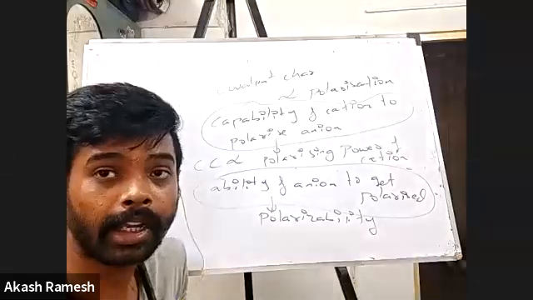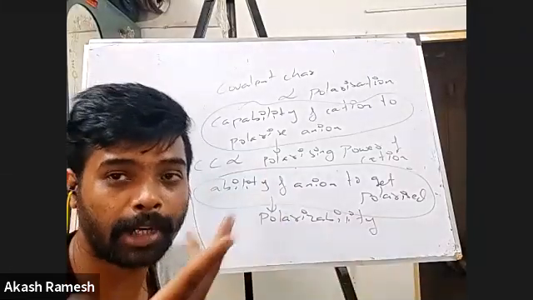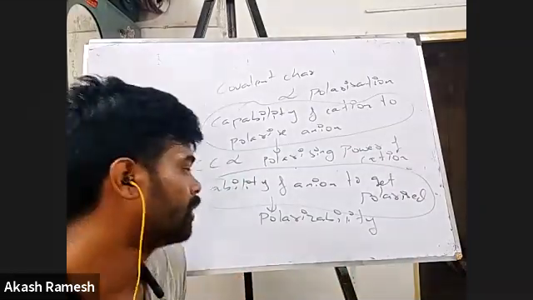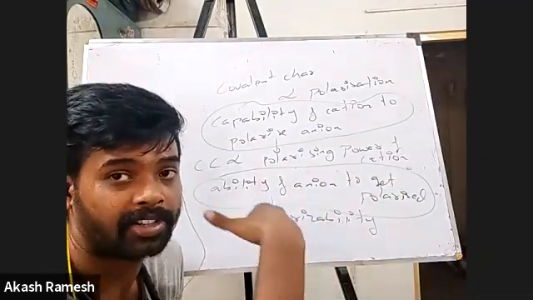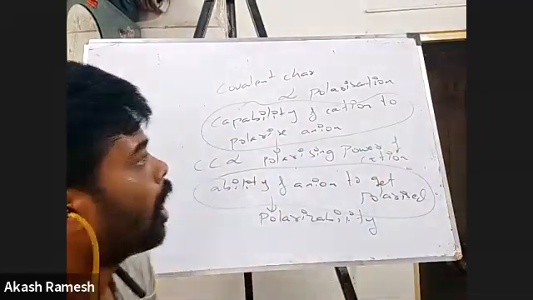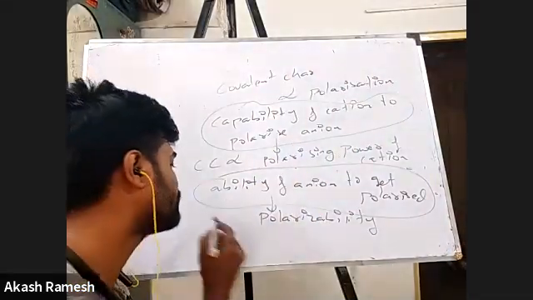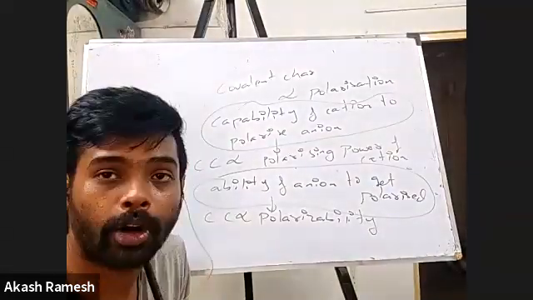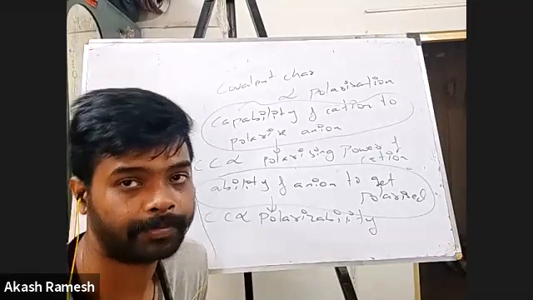What is polarizability? It is the ability of the anion to get polarized, that means the ability of the anion to get its electron cloud distorted. So obviously if the polarizability of the anion is higher, the amount of polarization happening is higher. So definitely CC, the covalent character in an ionic compound, is again going to be directly proportional to the polarizability of the anion.